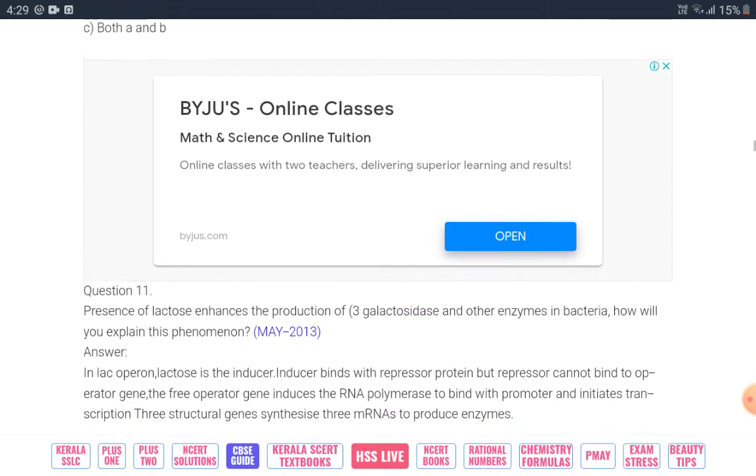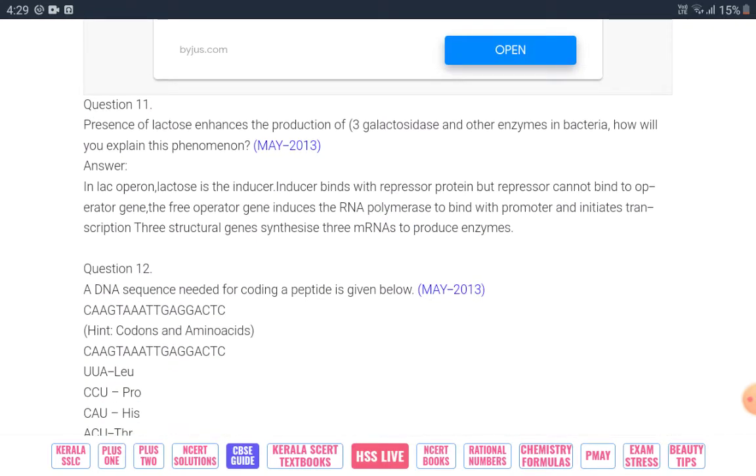The presence of lactose enhances the production of beta galactosidase and other enzymes in bacteria. How will you explain this process? Whenever galactosidase or the other two, the permeases and transacetylases, are given, you have to think about the lac-operon. In the lac-operon, lactose is the inducer.